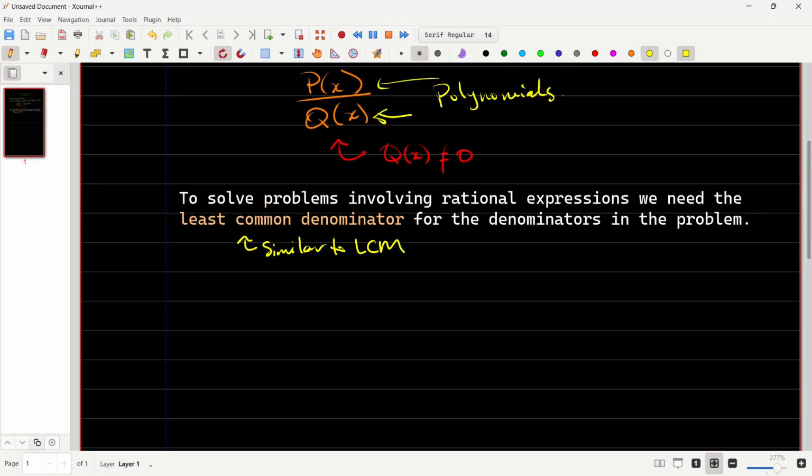So let's do a formal definition for this, and I'll put it in green.